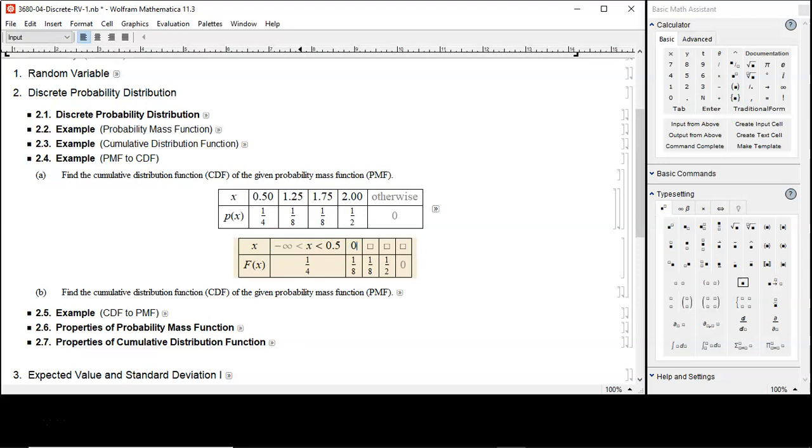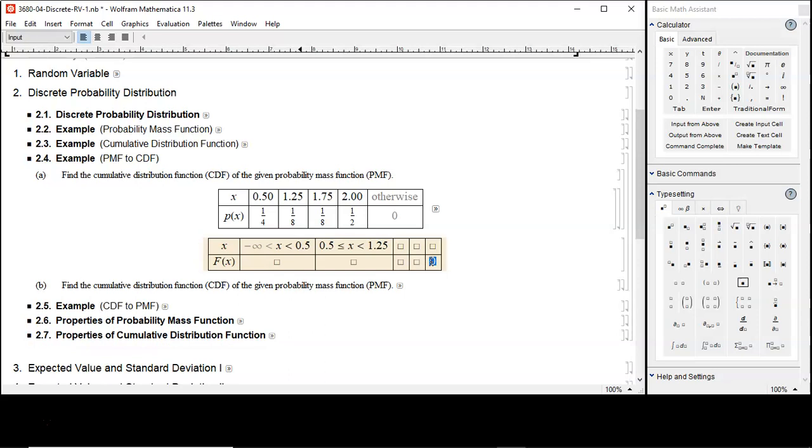Next class interval, 0.5 to 1.25. Oh, by the way, these are to be changed again. And then the next class interval, 1.25 to 1.75, right?